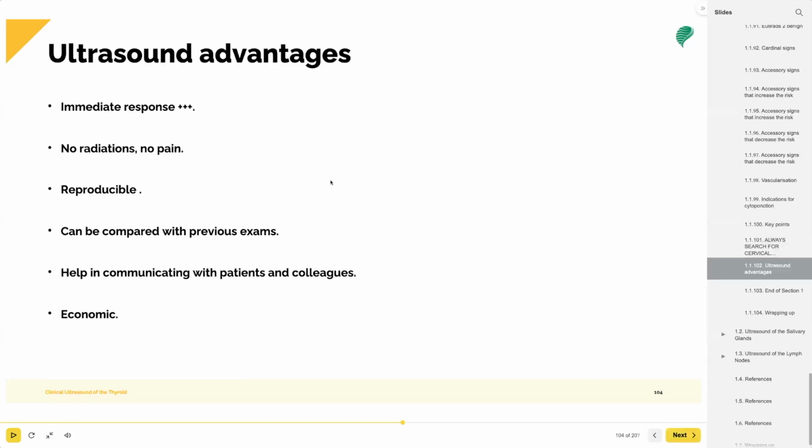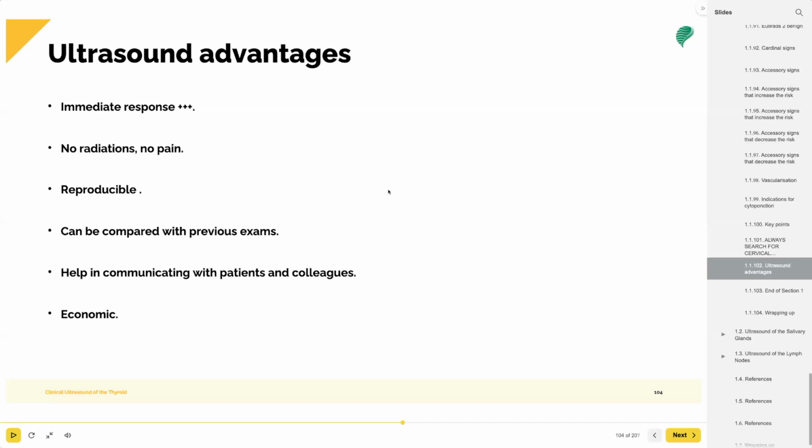So the advantages of using ultrasound to explore the cervical region as well: there's no radiation, there's no pain, it is not invasive, and we can also use this scan with the thyroid to compare previous and future exams.